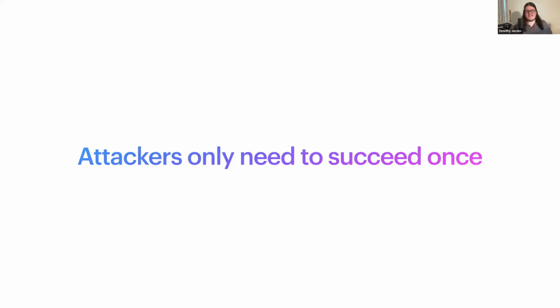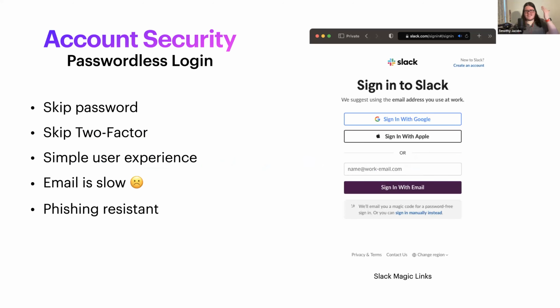Having a system where you need to be successful 100% of the time to stop an attacker, and it's all on you as the human to not make a mistake, that's bound to fail at some point for a lot of us. So we came up with this next system, which is passwordless logins.